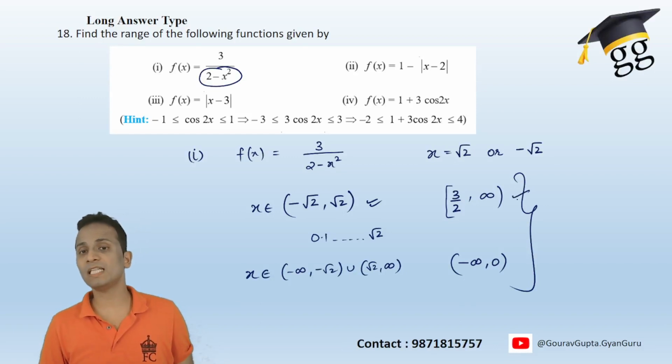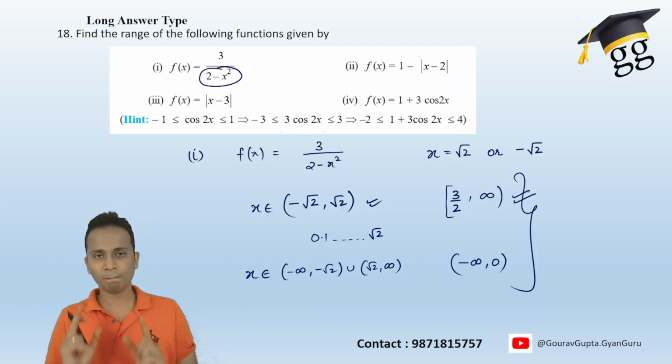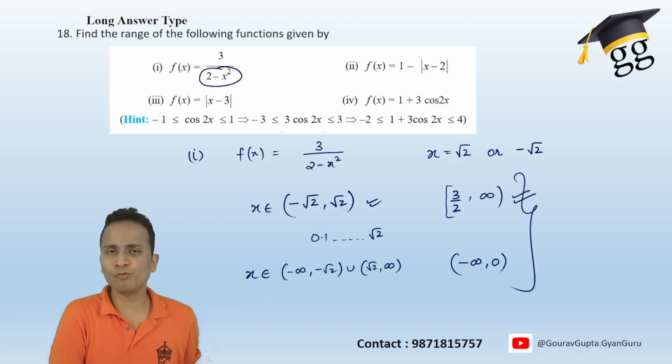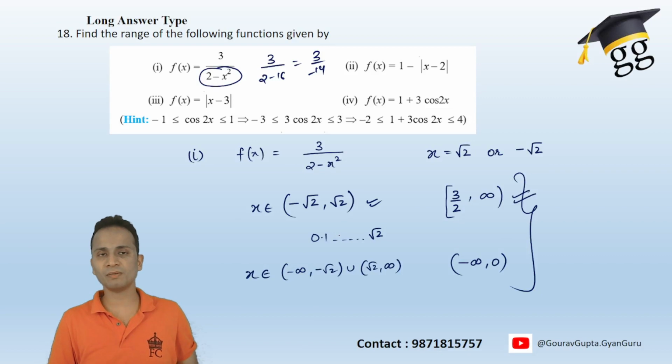In the booklet, you will see that the range is only 3 by 2 up till infinity, but this function can also become negative. Let's say we put x equal to 4. If the value of x is 4, what will the denominator become? It will become 3 upon 2 minus 16, that is 3 upon minus 14, and it's a negative number.